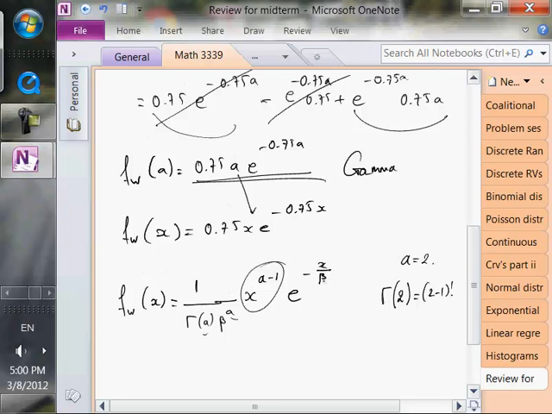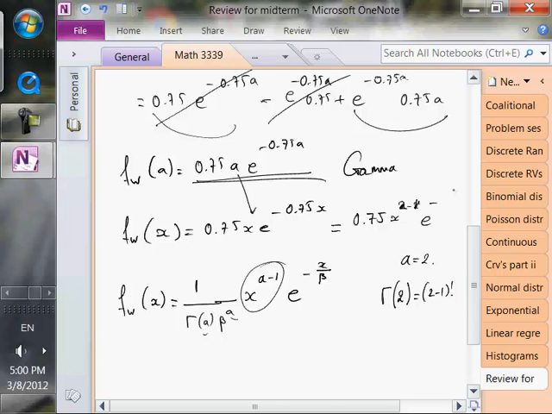You want the beta to be in the denominator. So we know that alpha is equal to 2. Two minus 1.